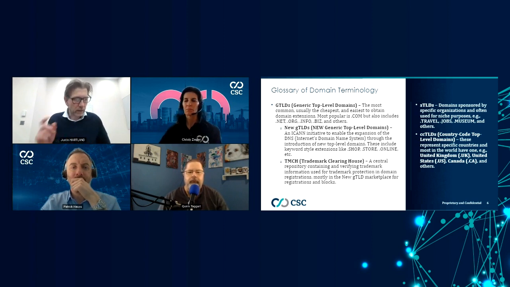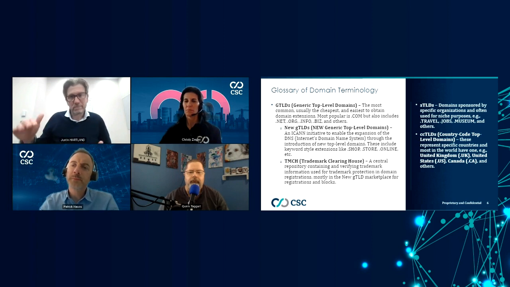The one thing, and I just want to make a little side point here as well, if you are going to apply, you will need a trademark clearinghouse application for a valid trademark. Now, what we've seen over the years is when the first round of new gTLDs launched, a lot of people got TMCH. It was very useful for sunrise periods, for getting notices, etc. But we've seen a lot of people get rid of them.